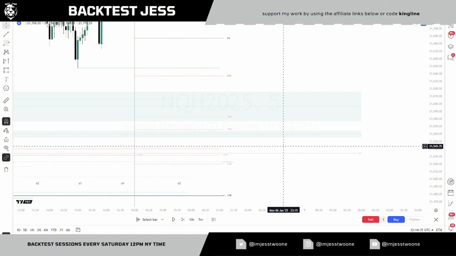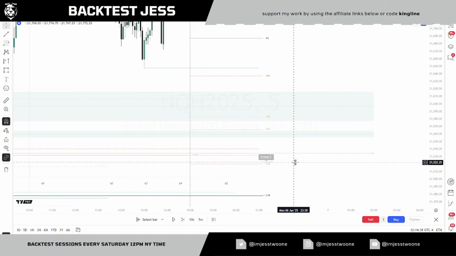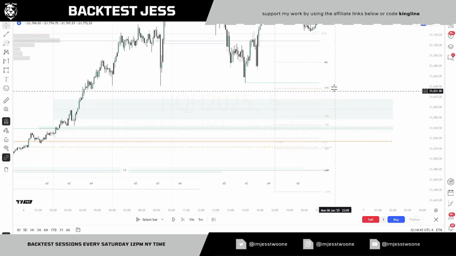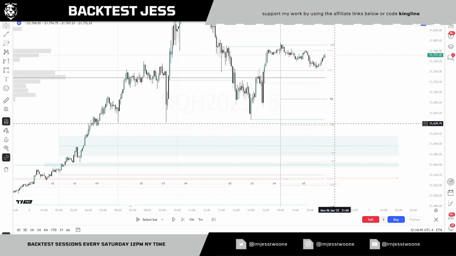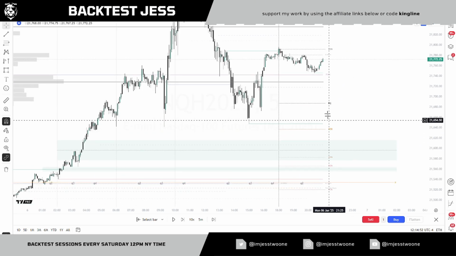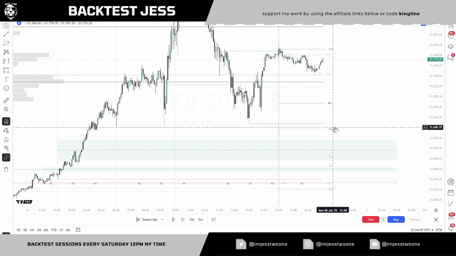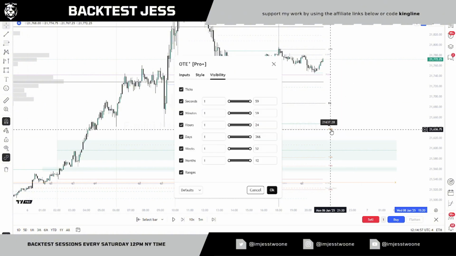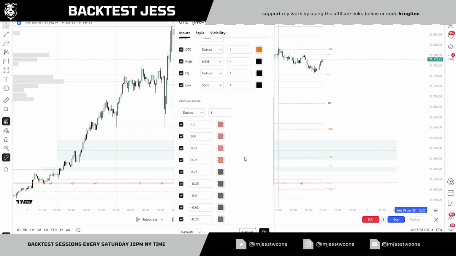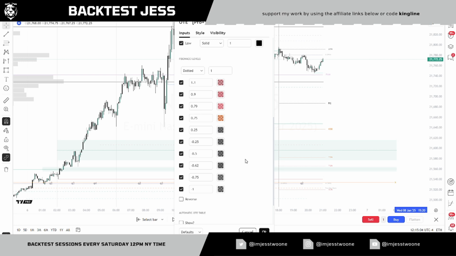OTE stands for optimal trade entry. Well, technically it's the 0.705, but on the indicator it's 0.618. 0.618 is a universal OTE level, what's known as the golden pocket universally. But technically ICT's OTE is 0.705.